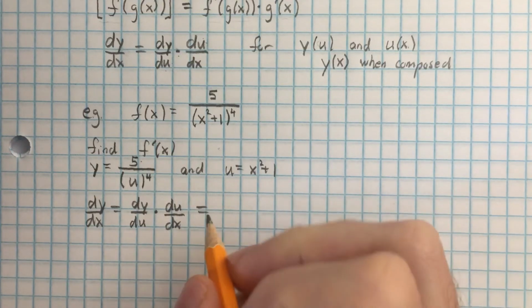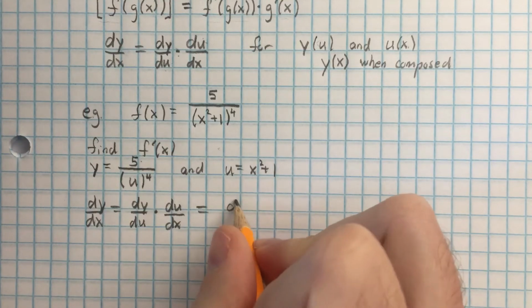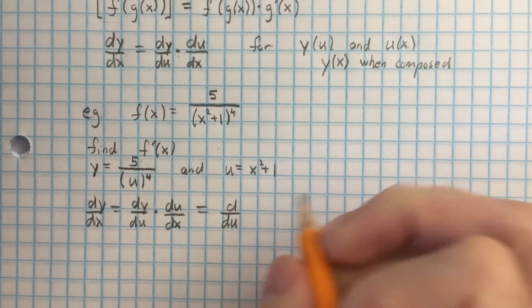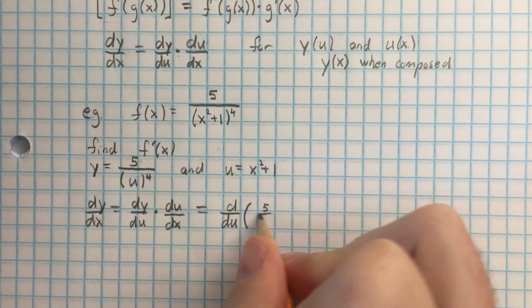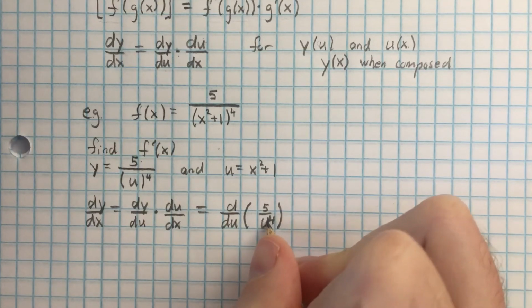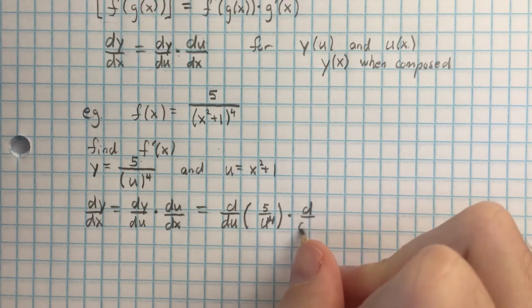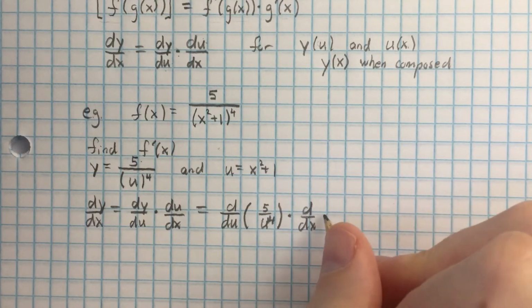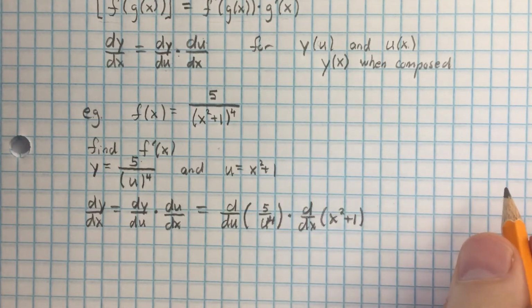So calculating each of those, right, we would have du, again to write this out as explicitly as possible, of 5u to the fourth, right, times the derivative with respect to x of x squared plus 1. Okay.